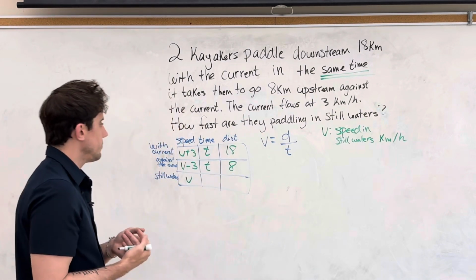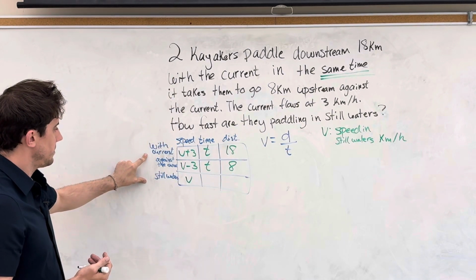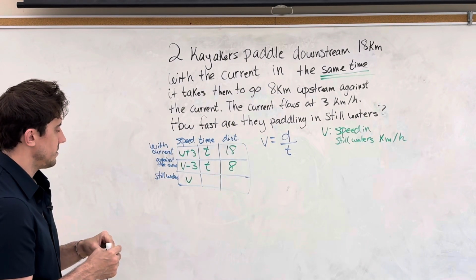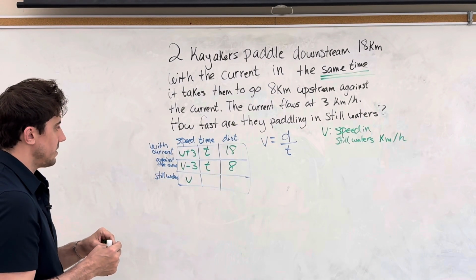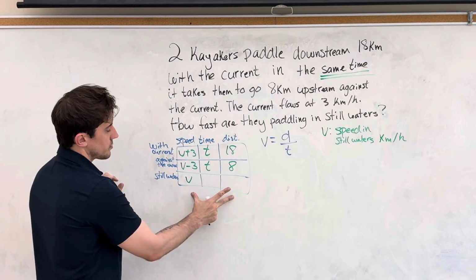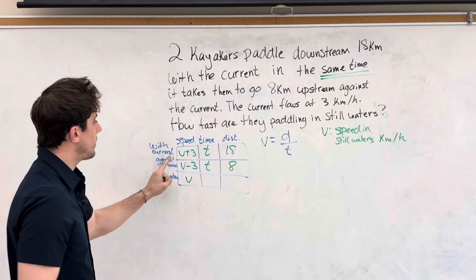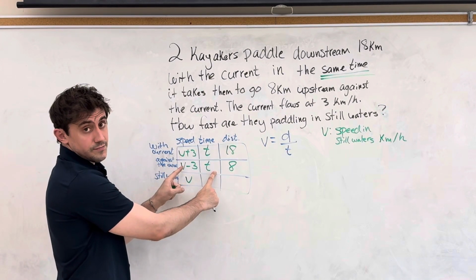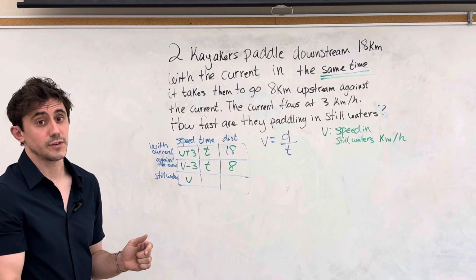And so now we have some way of relating all of our unknowns. Because we have two rows and two unknowns, namely t and v, this is going to allow us to set up a system of equations.